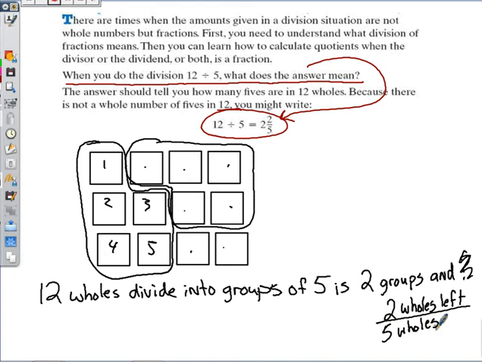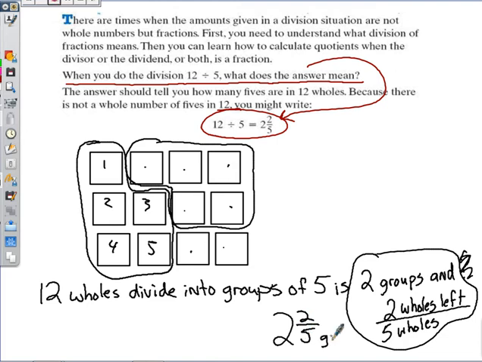So, this actually just says 2 and 2/5 groups. So we took 12 wholes, divided into groups of 5, and we found that there were 2 and 2/5 groups of 5.